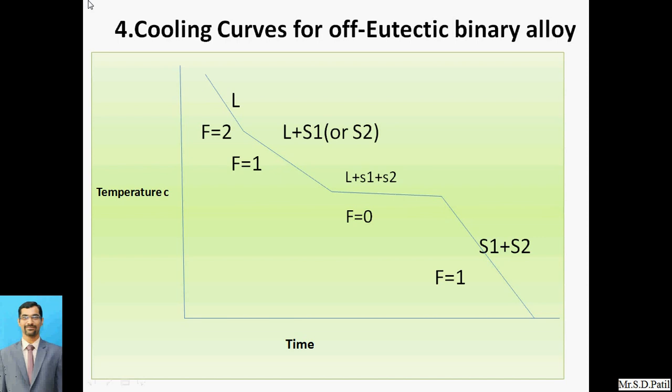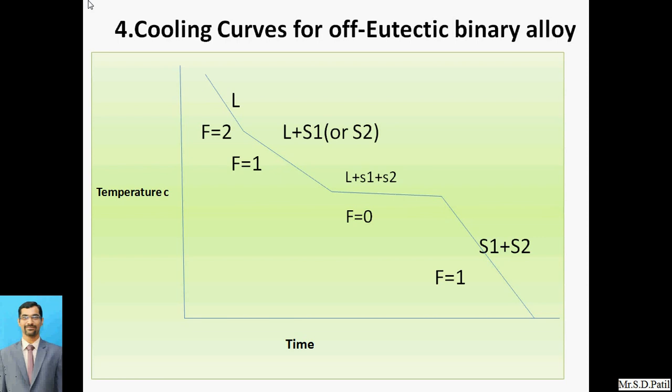Eutectic transformation occurs for a definite composition called the eutectic composition. Okay, if the composition of the alloy differs from this, it is called an off-eutectic alloy. What is the meaning of off-eutectic alloy? The eutectic transformation occurs for a definite composition, so the composition will not vary in that case, and it is called the eutectic composition.